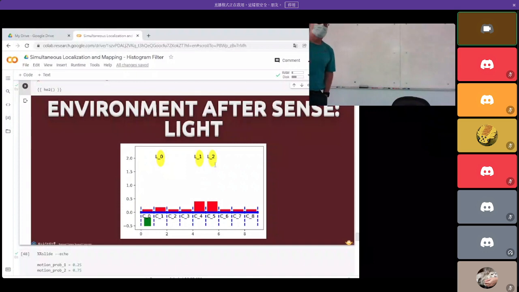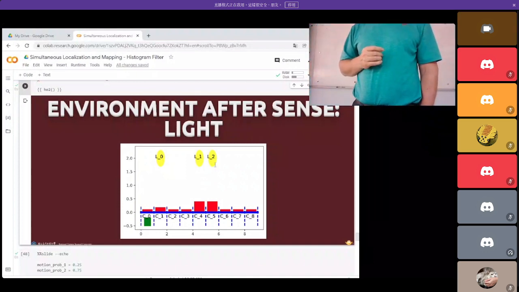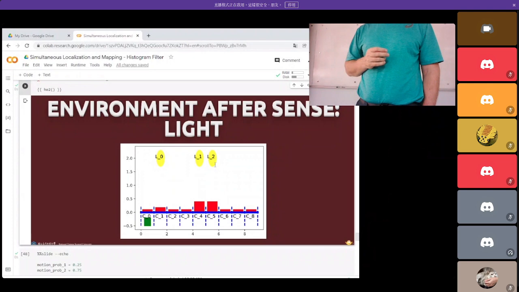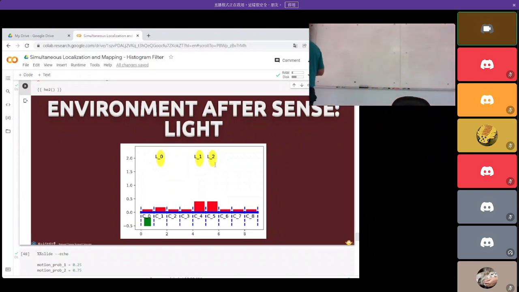So where does the robot think it is? Yeah, one of those two, but it doesn't know which one. But right now it says my maximum probability is for cell C4 and C5.